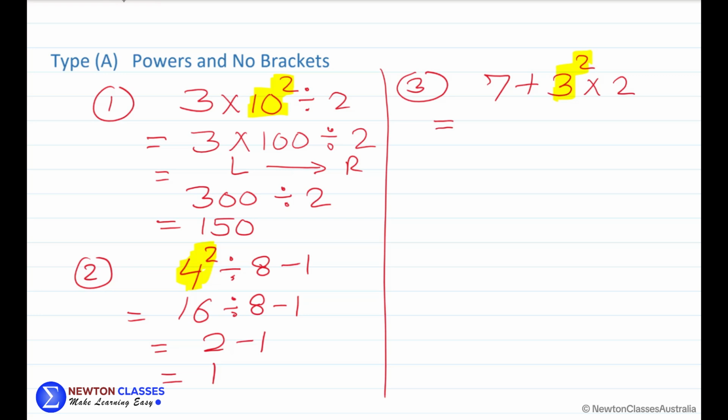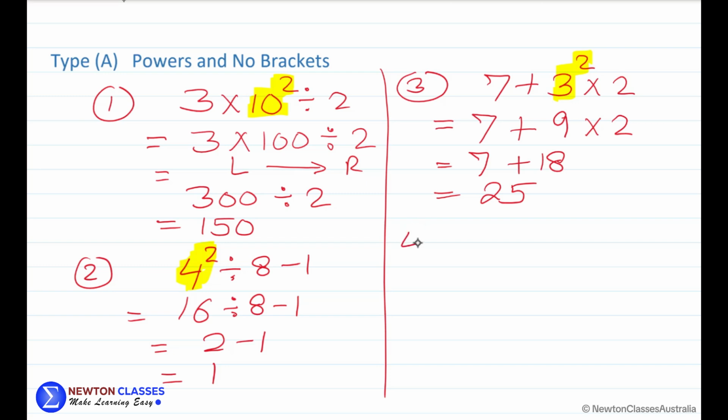Leave 7 as such, the plus sign remains there. 3 squared is 9, times 2. Now there is a trick. A lot of students first add. No, as per the BODMAS rule, we first do the multiplication. So 9 times 2 is 18. 7 plus 18 is 25. So the answer is 25 here.